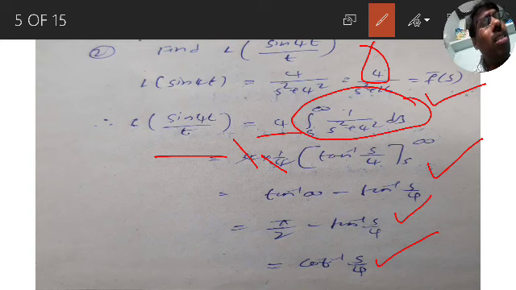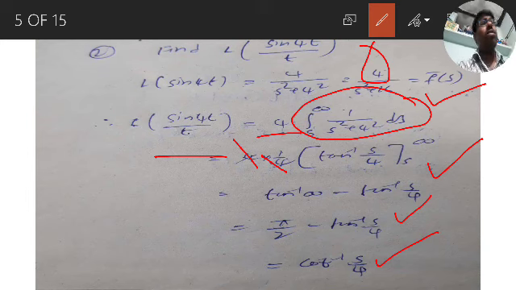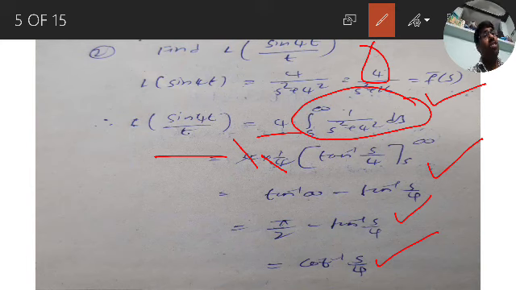By seeing the problem, first of all you have to identify the method. T into sin 4t, then we go for the multiplication by t method, obviously. Now sin 4t by t, then you should go for the division by t method. If it is e power of 8t into sin 4t, then you should go for the first shifting theorem.